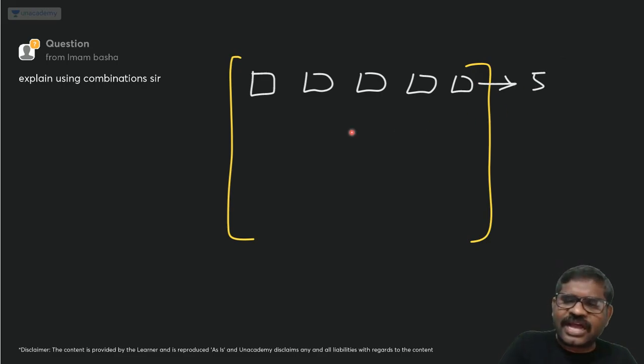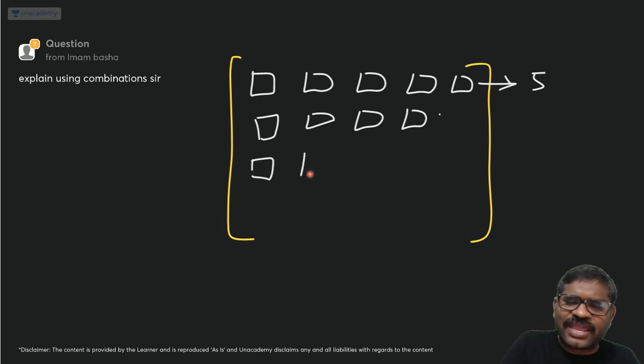After fixing one, you cannot fix in the remaining places. That's why next row only 4 ways. Next row only 3 ways.